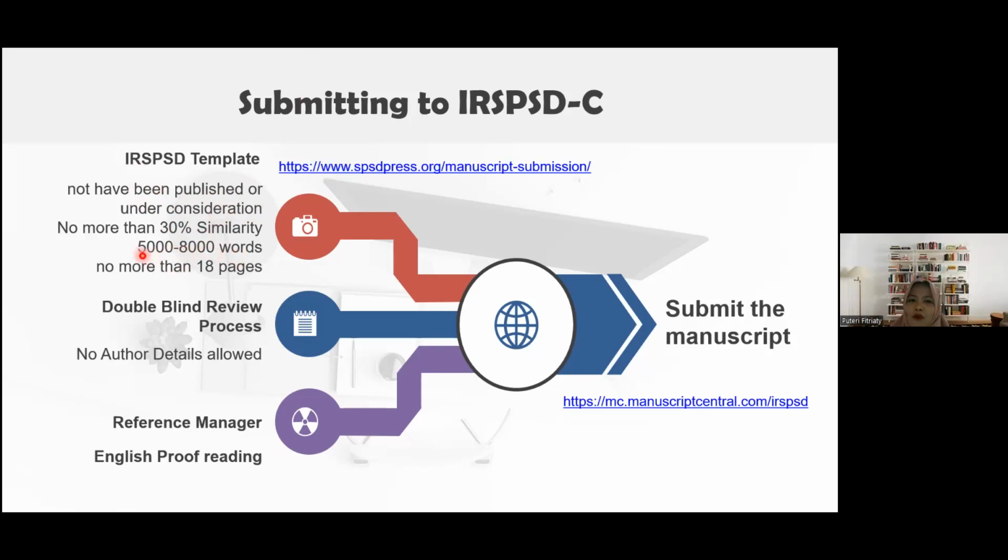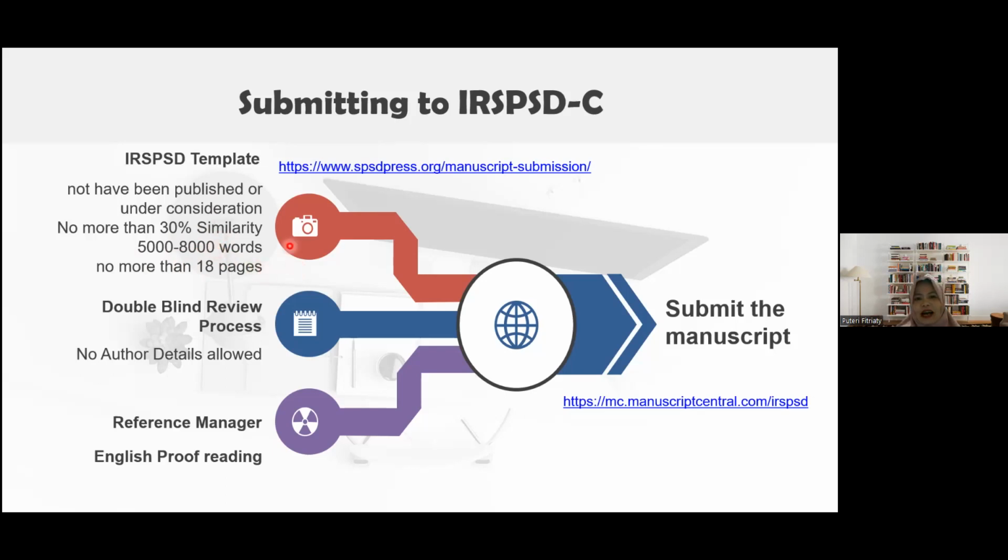The number of words in your manuscript should be at least 5,000 and a maximum of 8,000 words, except for a literature review manuscript. And it should be no more than 18 pages.